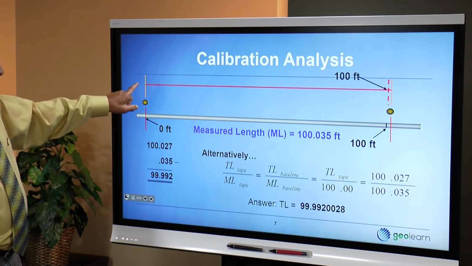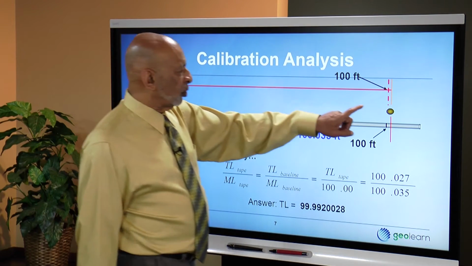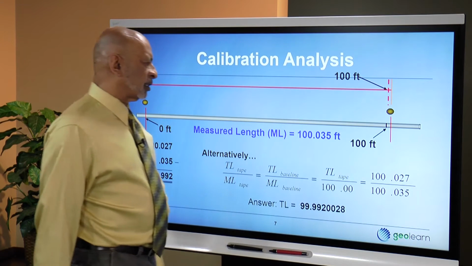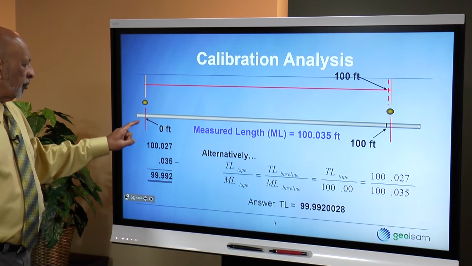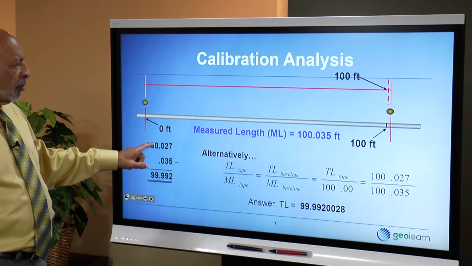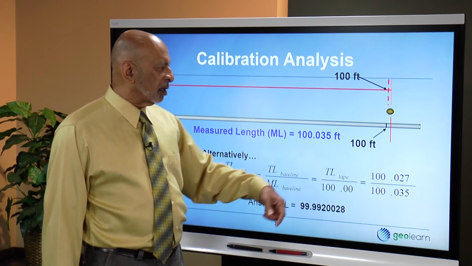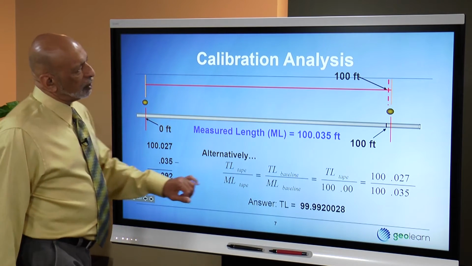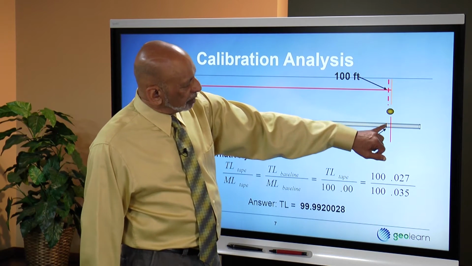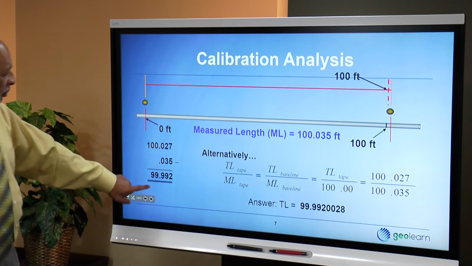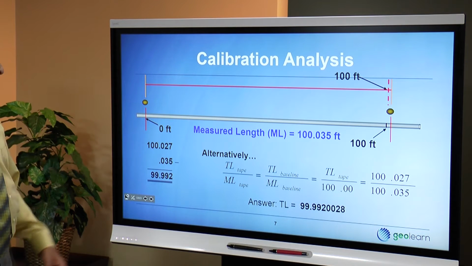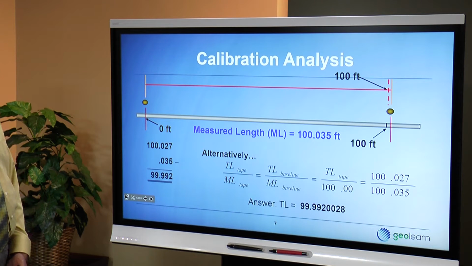But we know that the actual distance between those 2 calibration points is really 100.027. So if we want to know how far it is from the 0-foot mark to the 100-foot mark, we would simply subtract off this overage, and we read on the tape that it's 0.035. So if you subtract the 0.035 from 100.027, we get 99.92.